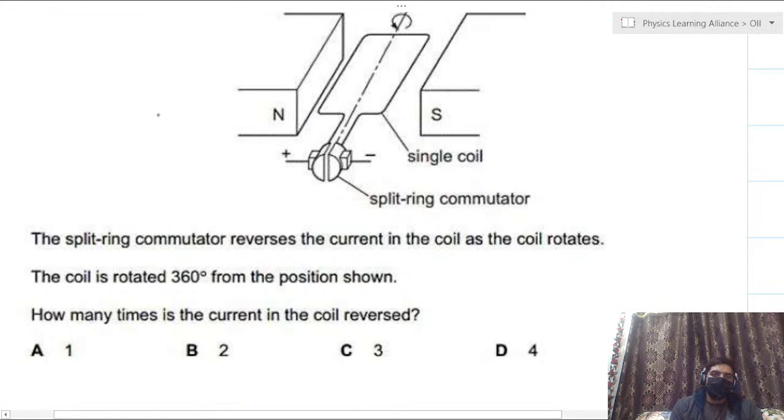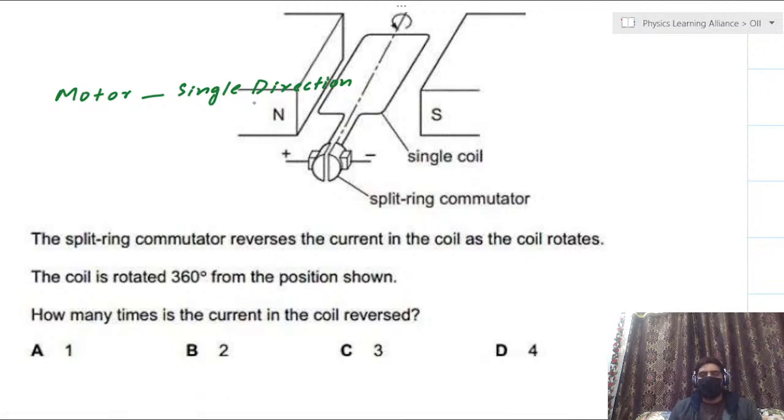All right, so basically we study in the working of a simple DC motor that in order to make the motor rotate in a single direction, the current has to be flipped every time the coil changes its direction, or every time the coil completes half a cycle.